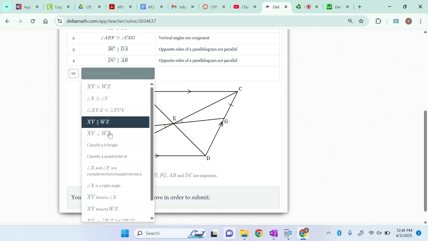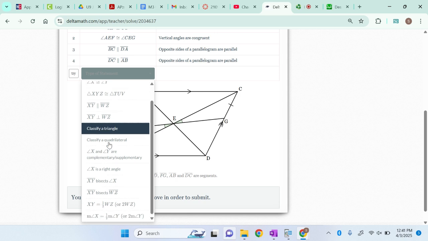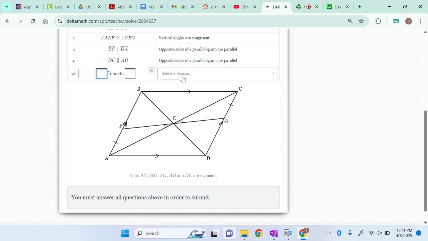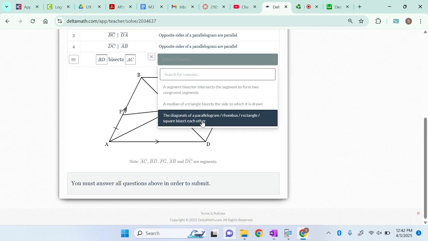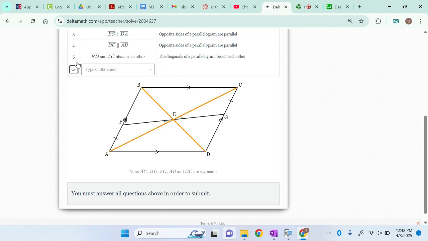Okay, let me try something. Let's go for it, because we know all the diagonals of a parallelogram bisect. So let's go that route. BD bisects AC, and the reason is, again, diagonals of a parallelogram bisect each other.